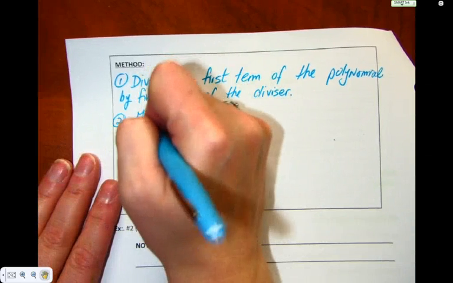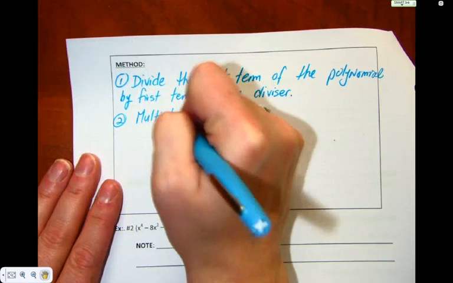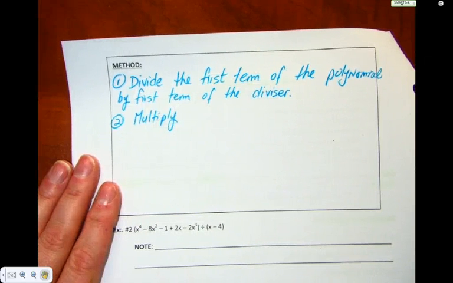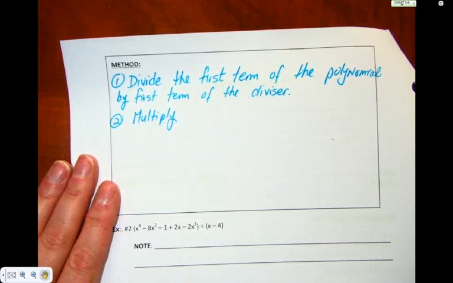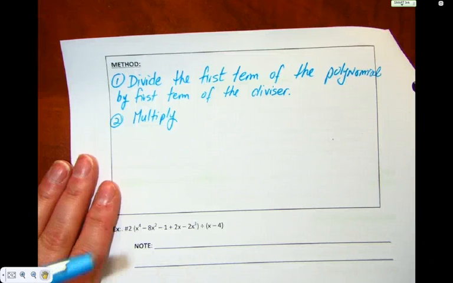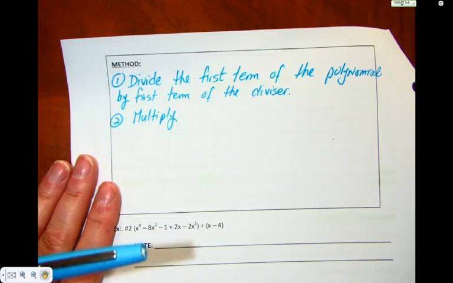Okay, something about multiply. By something. So we're definitely multiplying by the divisor.